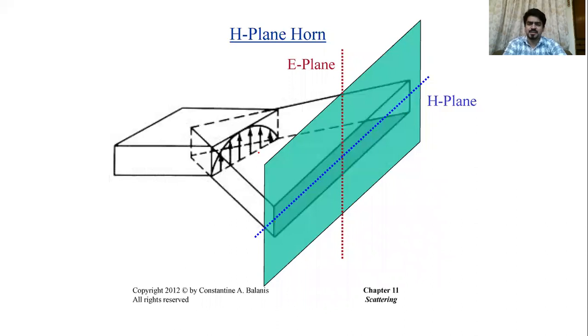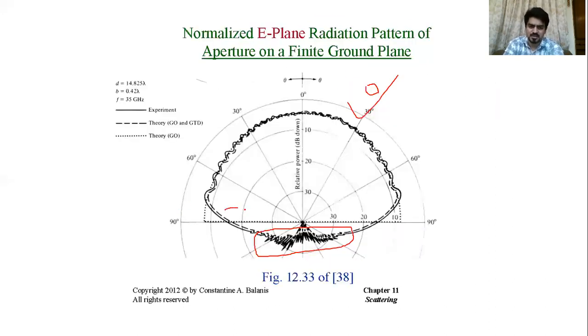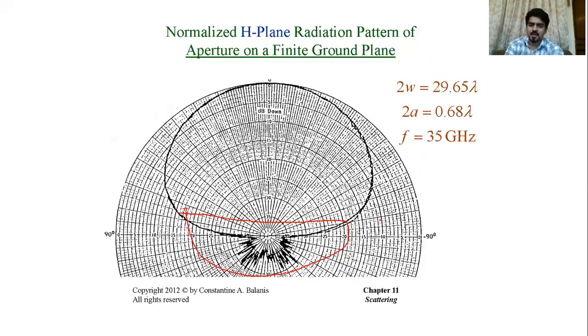And when we consider the other plane, the H plane pattern for the H horn, you can see that fields are much lower compared to this case, where the fields are much stronger. So what I am trying to say is, for the E plane you will have a much broader beamwidth compared to the H plane, because the diffracted fields are not that strong in the H plane. Here you can see that the fields are much lower.